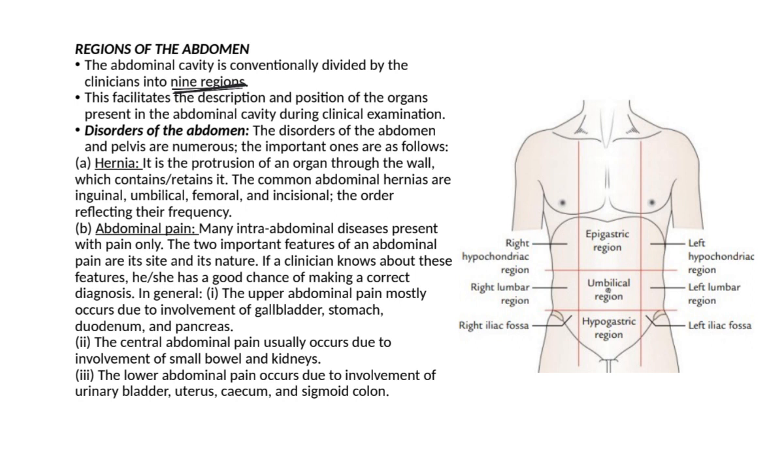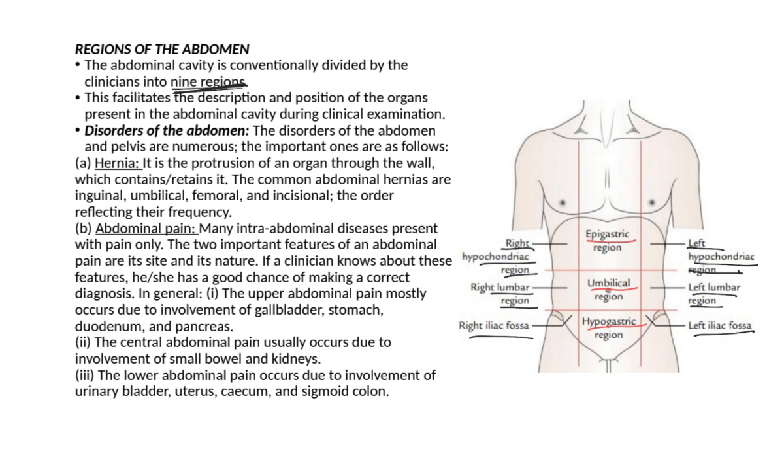The 9 regions are right hypochondriac region, left hypochondriac region, then right lumbar region, left lumbar region, right iliac fossa, left iliac fossa. These are the areas on either side of the abdomen. Then the regions in the central part of the abdomen, that is epigastric, umbilical and hypogastric region.